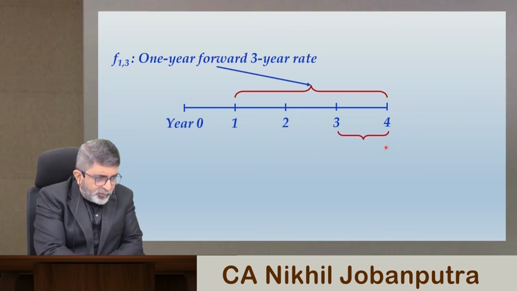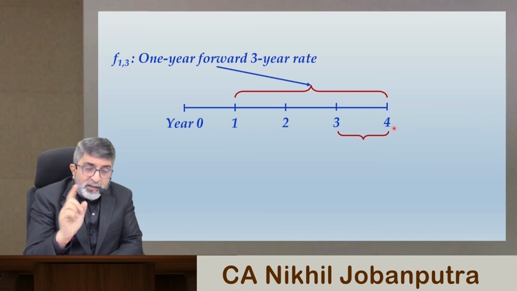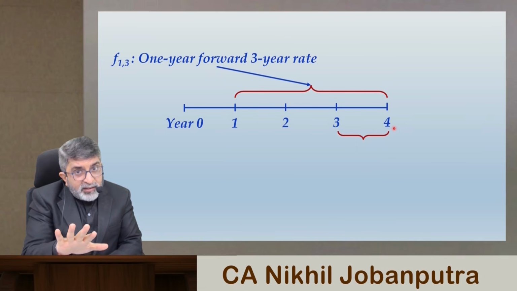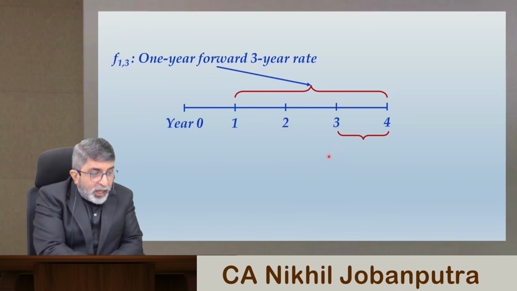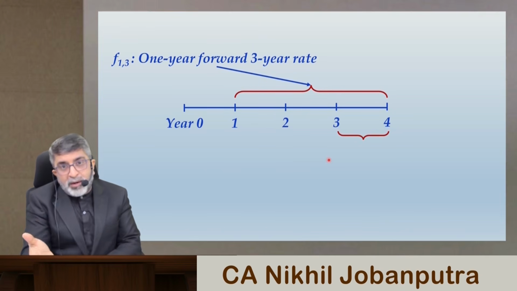What about this one? So obviously, how should you see? It is starting at end of 3rd year and ending at end of 4th year, means loan will be only for 1 year. That means the rate will be a 1 year rate, and it is starting after how many years from now? 3 years from now.